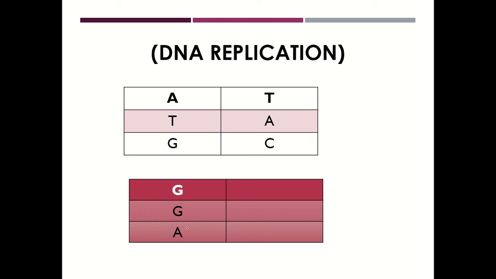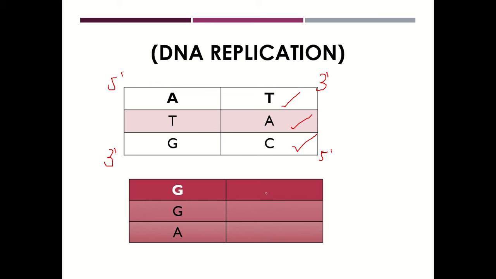So let us answer this. For example, this is the first strand ng DNA and ito yung partner niyang strand. Kunwari ito yung 5, 3 strand, and this one is a 3, 5 strand. Okay, so we have adenine, thymine, is it correct? Yes, thymine, adenine. We have guanine and cytosine. How about the guanine?